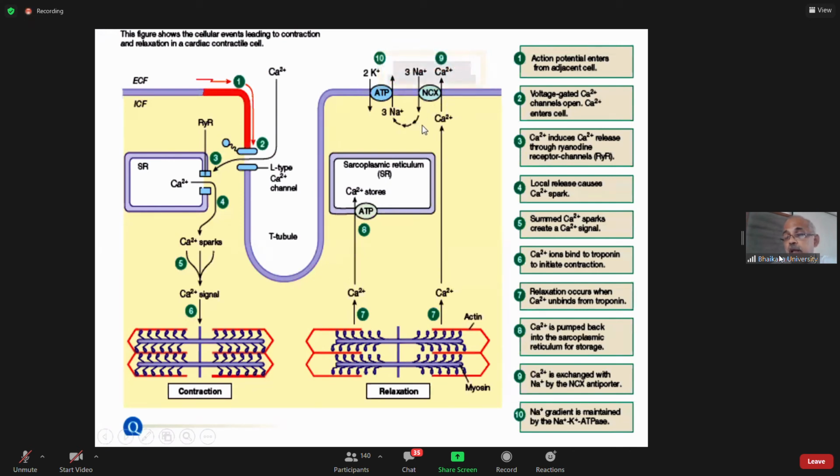And sodium ion concentration is restored by the sodium potassium pump. This is the whole cardiac muscle contraction properties and functions.